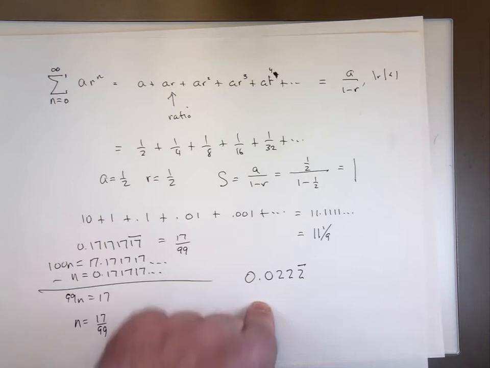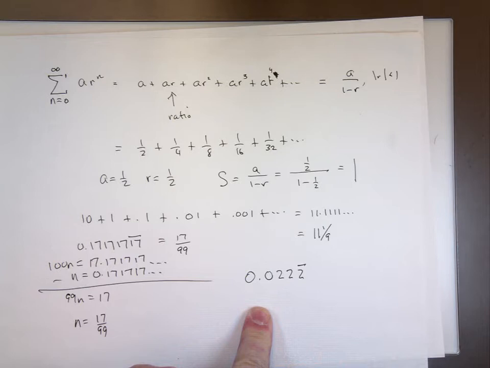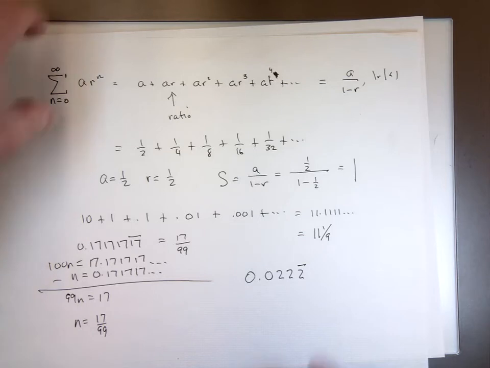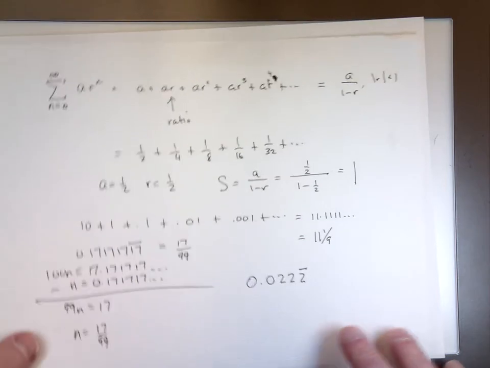That's 2/90ths, which is 1 over 45. Everybody else set on that? All those repeating decimals are rational numbers. They can be written as a fraction. If a decimal is infinite, non-repeating, then it's irrational. And when we do infinite series in the last chapter, we'll talk about that a little bit more.